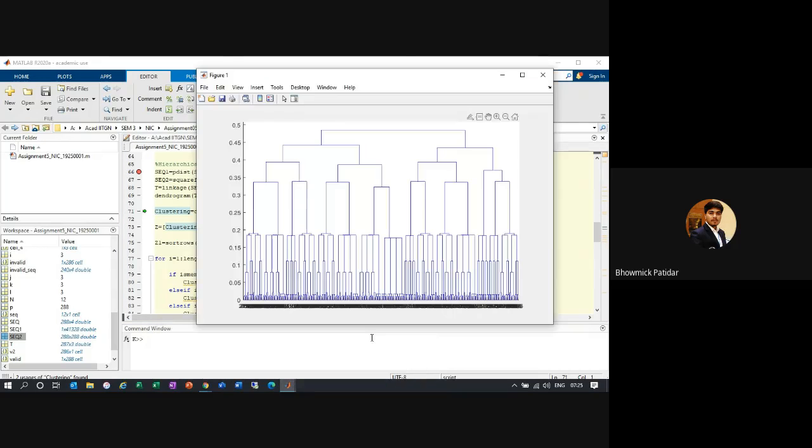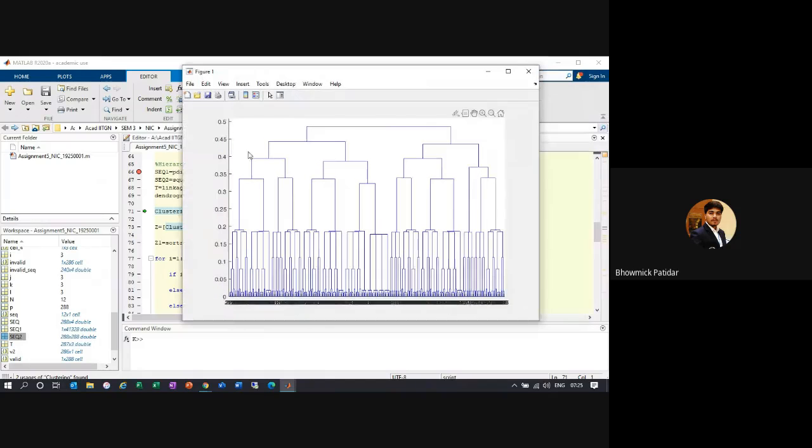From this dendrogram, we aim to divide the data set into four clusters. So maxclust can divide this into four using the cluster function. These are the four different clusters of all the data set points.